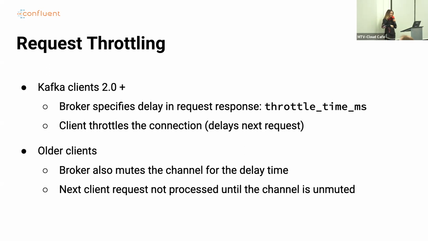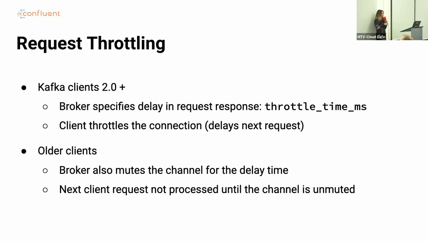But for older clients that don't understand that field, before we actually had an implementation where the quota would delay requests, but that was troublesome. Sometimes it would give you more problems, because if you delay requests, you can time out and start sending more requests, which defeats the purpose of having the quota. That's why we do the delay on the client.